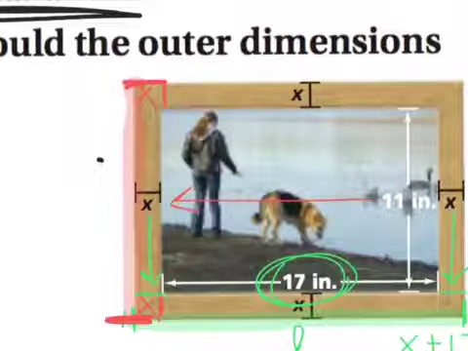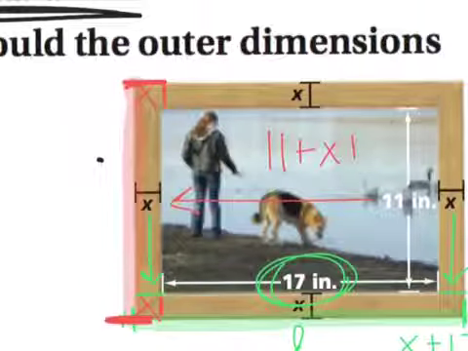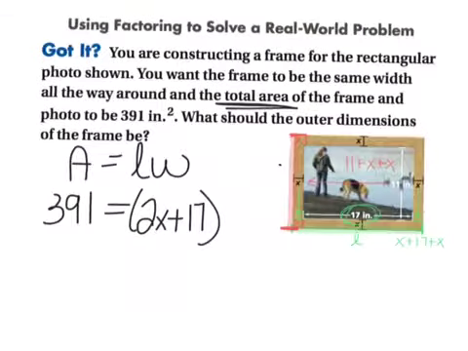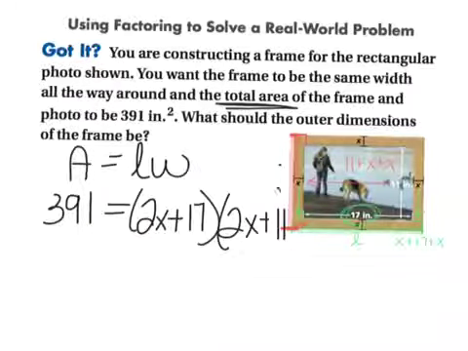So for my width, what I actually have is x plus 11 plus x, which if I write that in simplest form, is 2x plus 11.